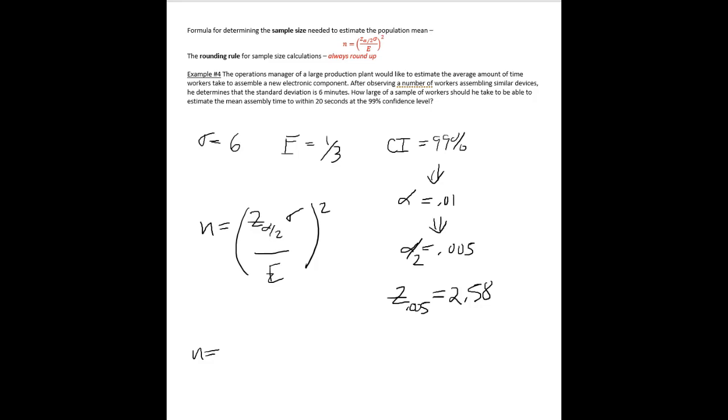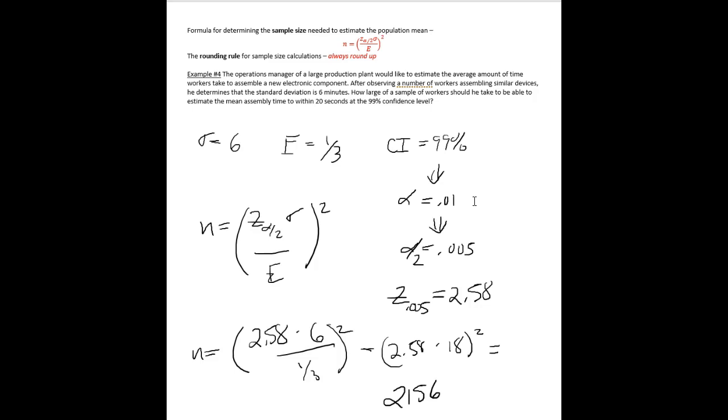Now let's plug in our formula. n is equal to z alpha half, so 2.58, times sigma of 6 divided by 1/3, squared. So it's just going to be 2.58 times 18, squared, and that is equal to 2156.67.